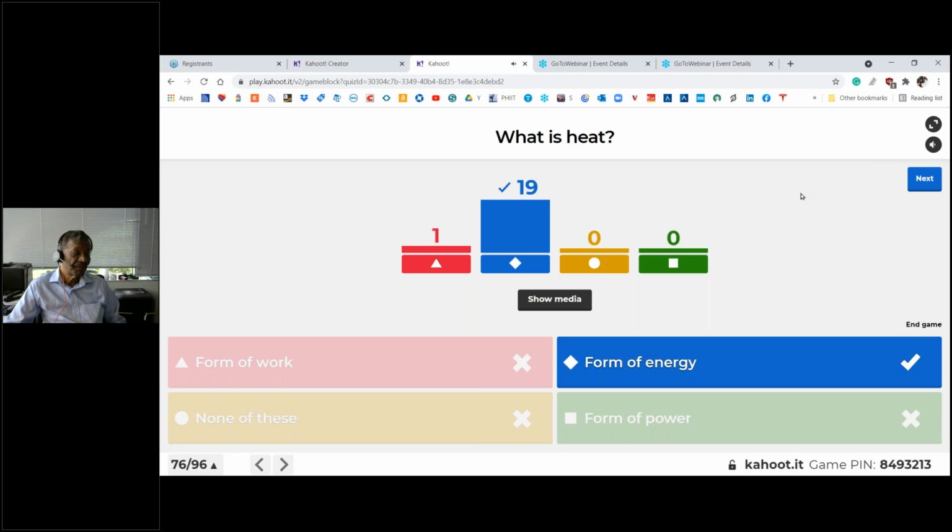Well, almost all of you got it right. Heat is a form of energy which is transferred from one source to another. And here we are converting chemical energy in the fuel to heat energy, and then that thermal energy is being transferred to the coil.